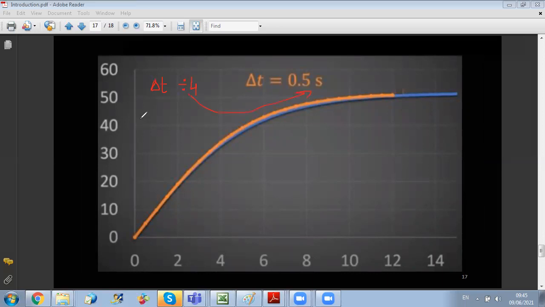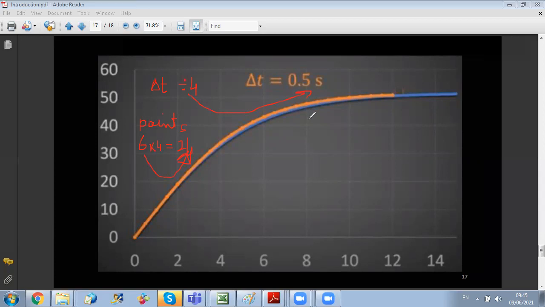So the number of points will be multiplied by 4. So 6 times 4, 24. So it will go from 6 to 24. The computational time will also be much higher.